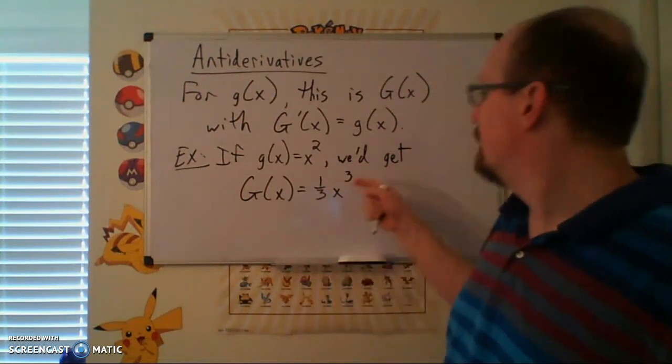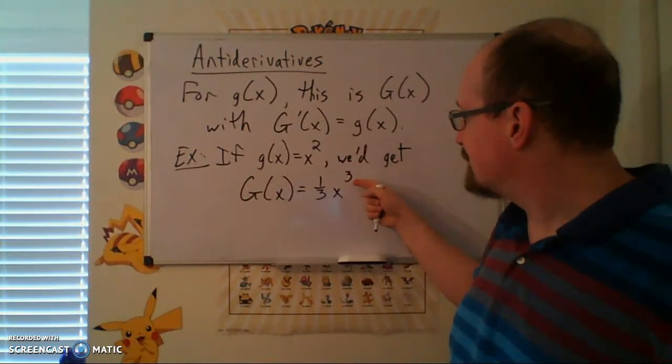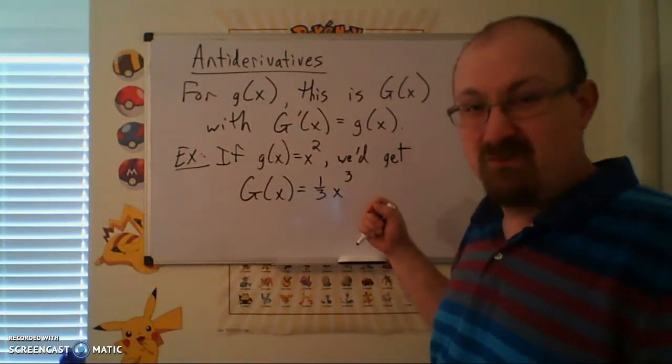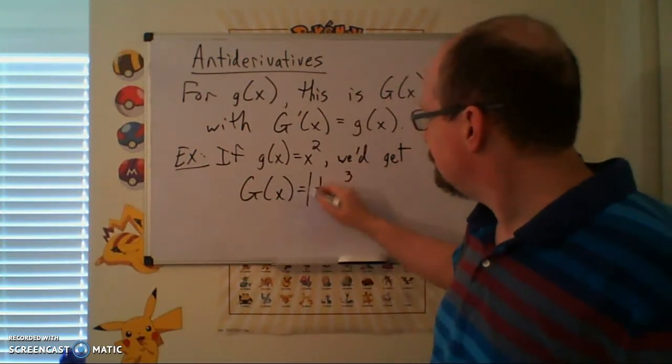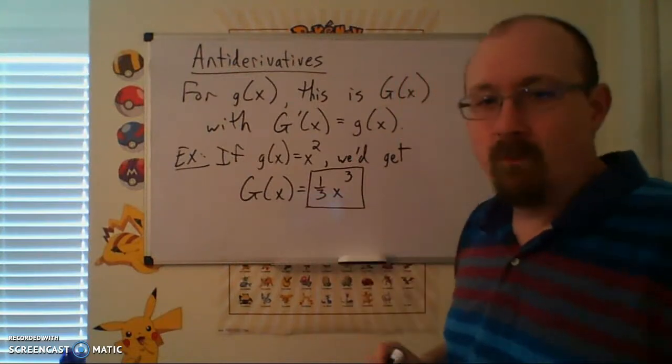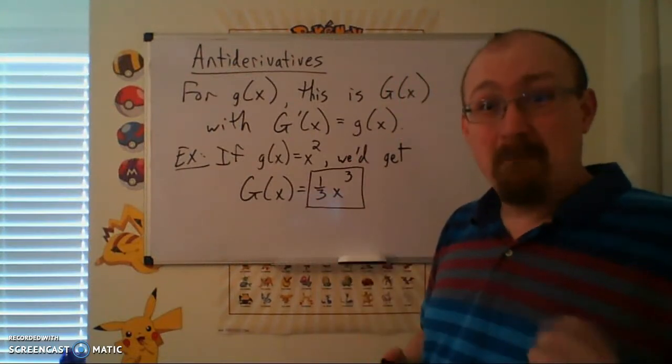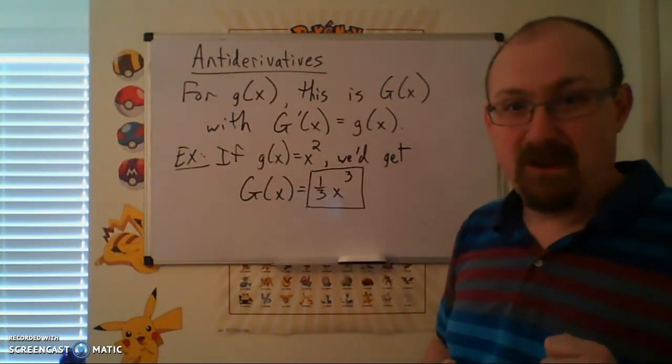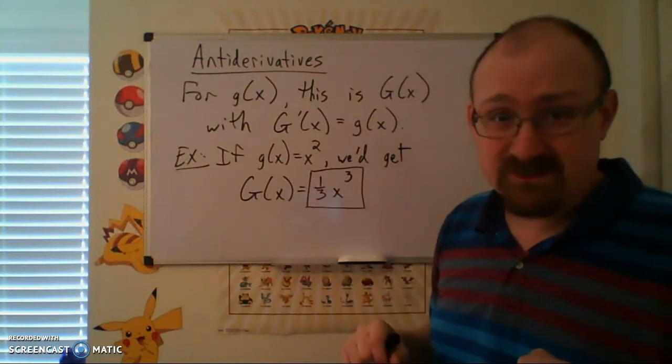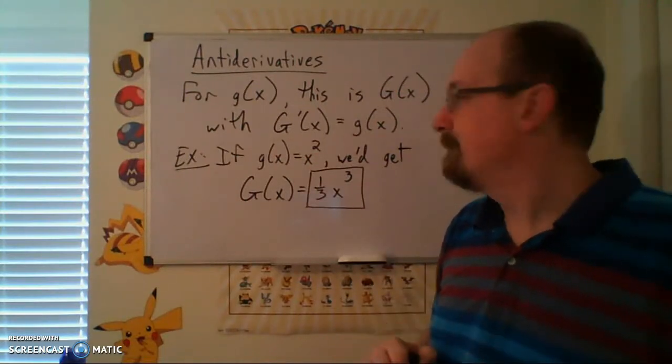We have a coefficient of 1. Power rule says 3 minus 1 is our new exponent. That's 2. We get x squared. So 1/3 x cubed. That's one possible antiderivative of the quadratic function that we started with, little g of x.